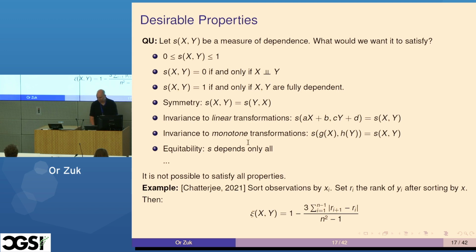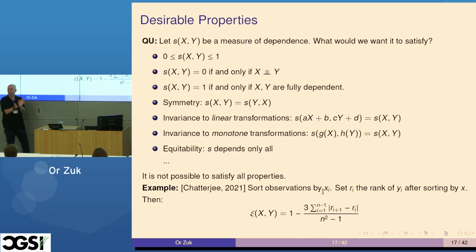There's a nice discussion of some of these properties in a recent paper by Chatterjee. And he also proposed a new coefficient, which is this. It looks very simple, and it is pretty simple. What you do is you take your pairs of samples, and you sort them based on x. So you have the smallest x here, but you also have the y that is paired with it, and then you have the next one, etc. And then you look at the ranks of the y's.